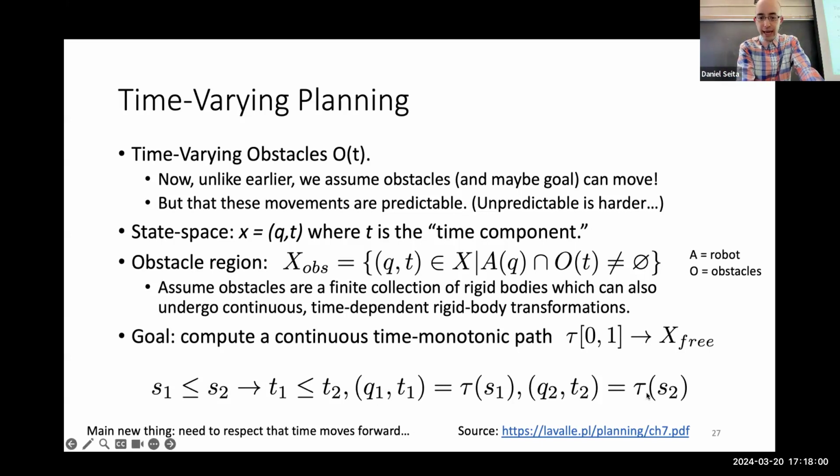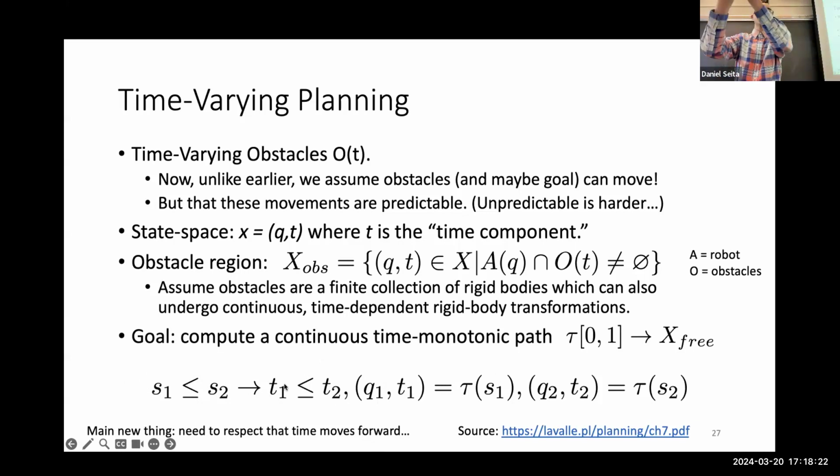And then what did this say? So for any S1 less than or equal to S2, so those are the inputs to tau, so those are just like values between 0 and 1, this thing must imply this thing.